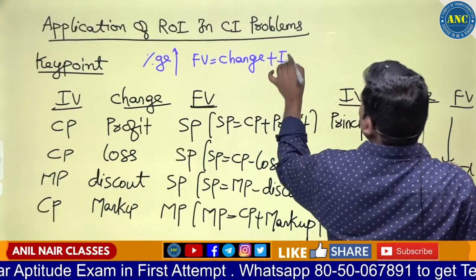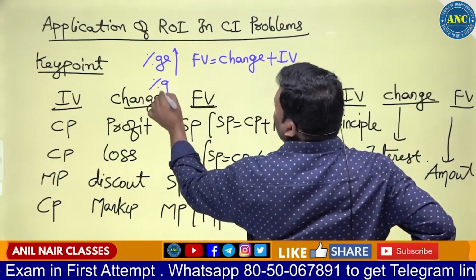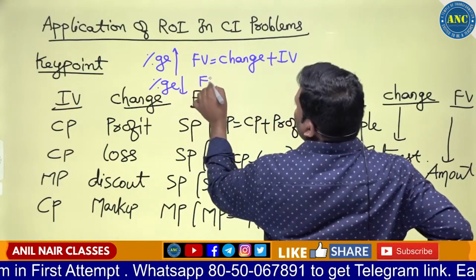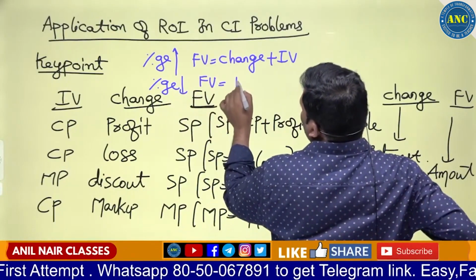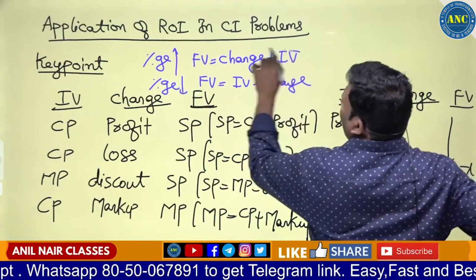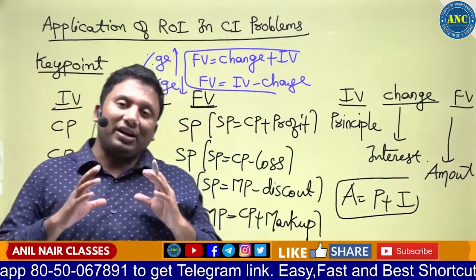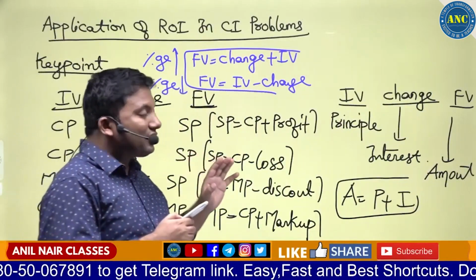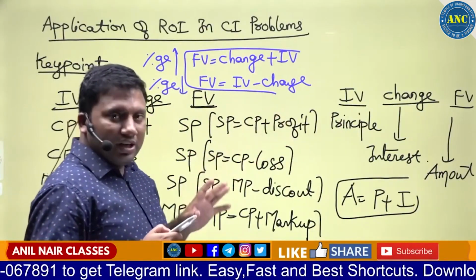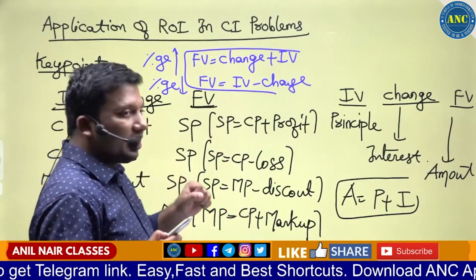If it is percentage decrease, final value equals initial value minus change. I hope it is clear. Whatever we discussed for profit, loss, and discount, the same thing can also be discussed for compound interest. We will do more and more problems, then it will be extremely clear to you.